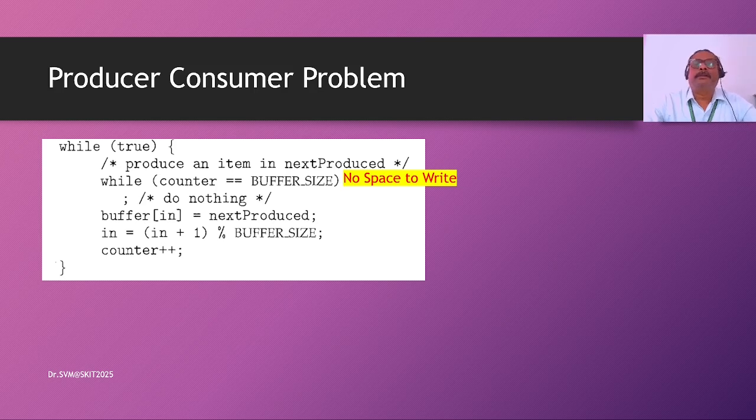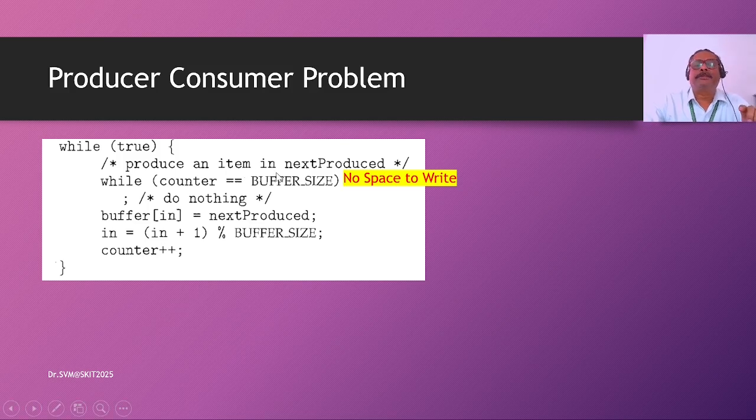As long as the counter is equal to buffer size, we don't have to do anything because there is no space left for writing. So we need to wait till the consumer removes at least one item from the buffer.